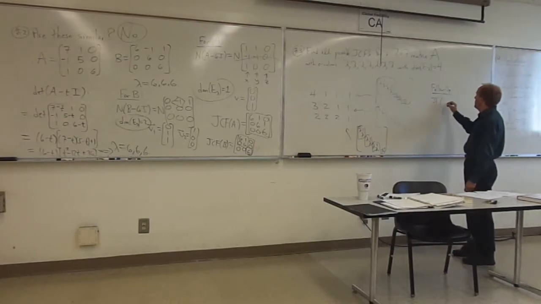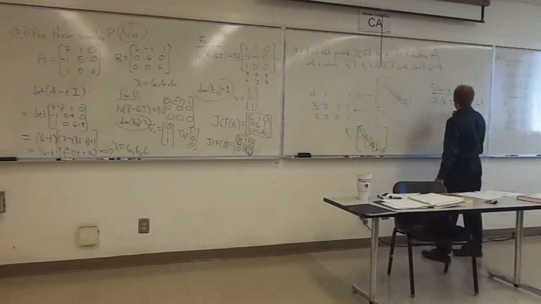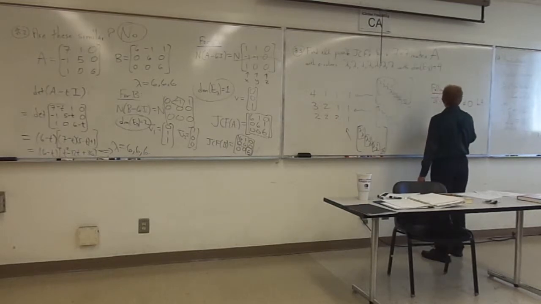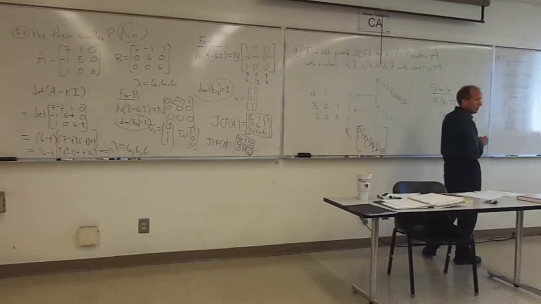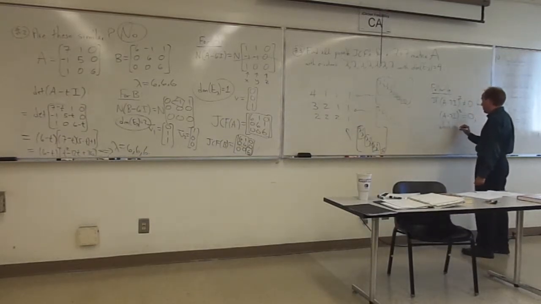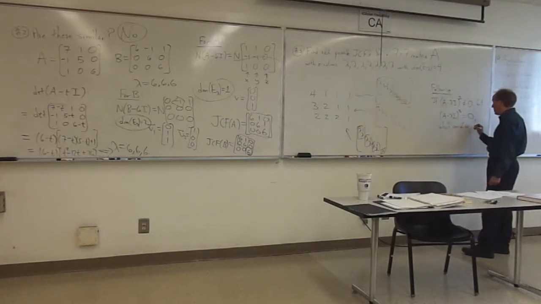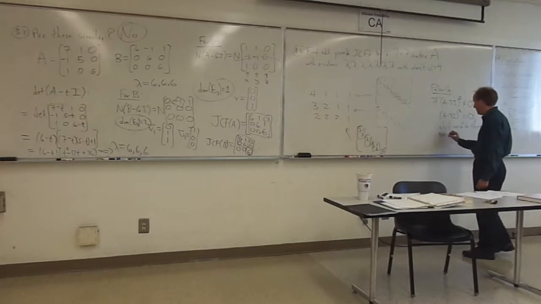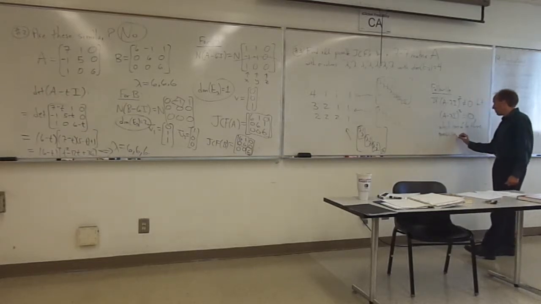If A minus lambda I squared is not 0, but A minus lambda I cubed is 0, then which one of the 3 possibilities is correct?